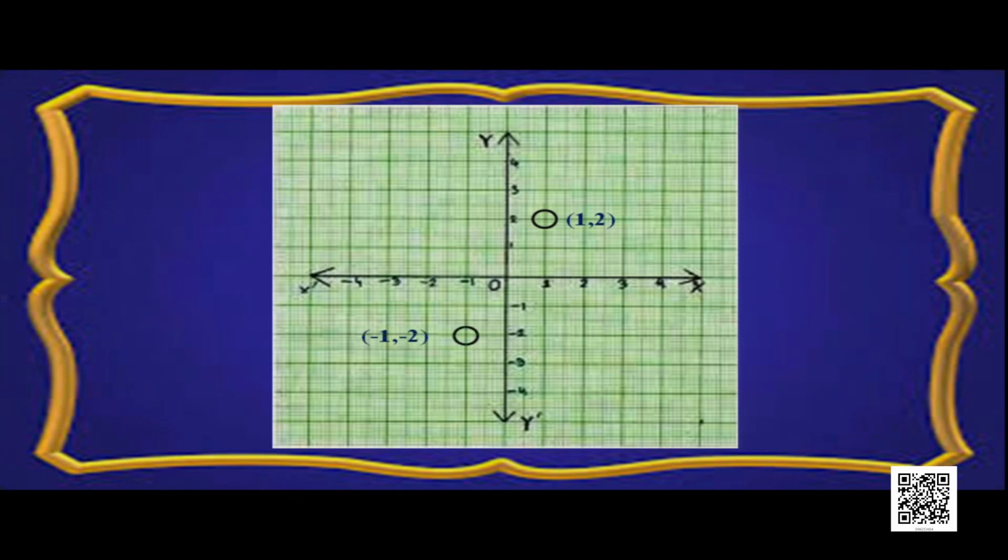And when x is minus 2, y is minus 4. Thus, we have 3 solutions and 3 points. If we join these, what do we get? We get a straight line. That straight line passes through the origin.